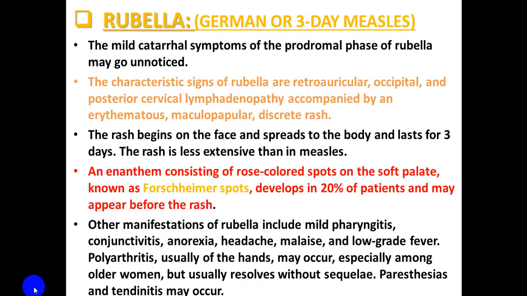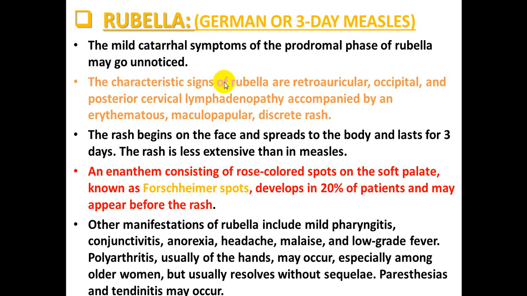Clinical manifestations of rubella. Rubella is also called German measles or 3-day measles. There may be mild catarrhal symptoms in the prodromal phase of rubella, and this catarrhal stage may go unnoticed.